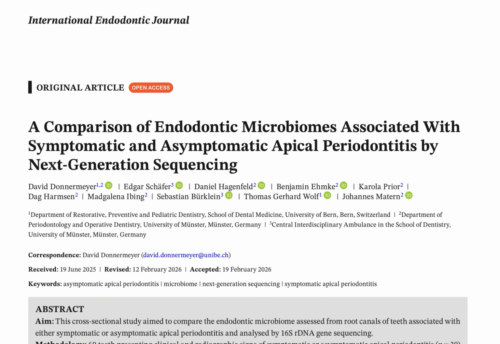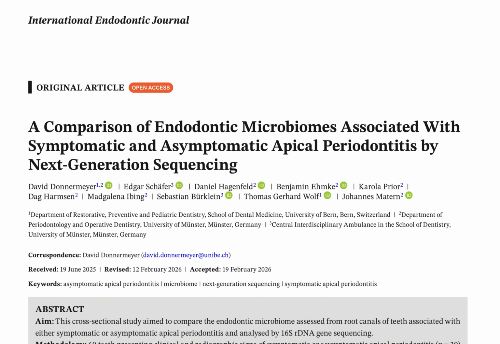And finally, all participants were recruited from a single center in Germany, so geographic and population differences in endodontic microbiomes may limit generalizability.